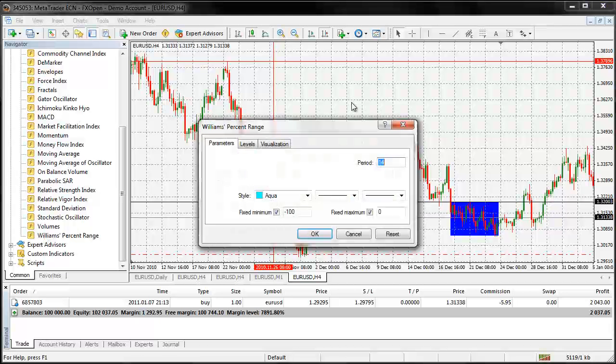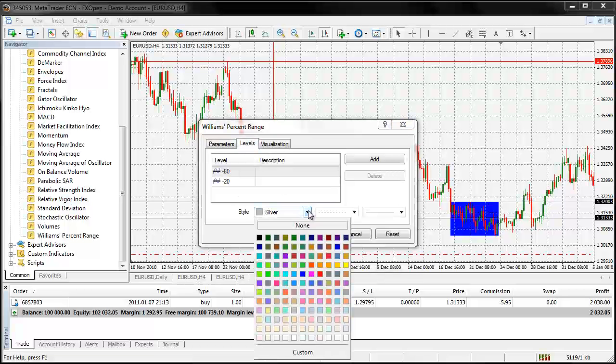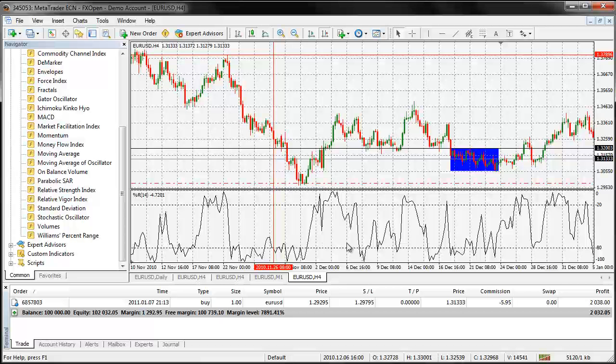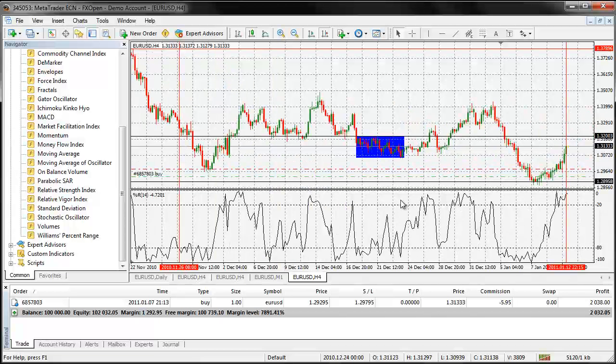Okay, so here is the Williams percent range, and this is again the same thing really. It tells you when to go short, tells you when to go long. Anything above the -80 is the time to go long. Anything below the -20 is the time to go short. You can use a separator again by putting one in at the bang in the middle somewhere.